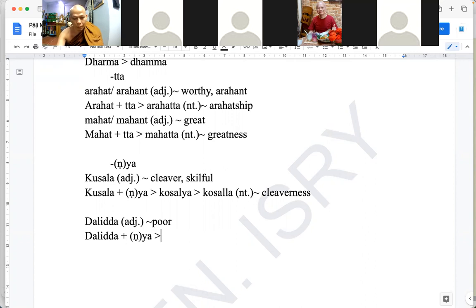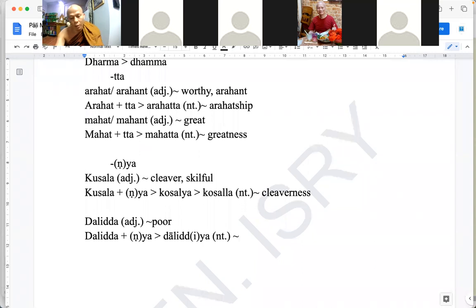By adding this suffix, we have daliddiya, poverty. Because of this indicatory letter we can see the vowel is changed: the final vowel is dropped, and a consonant is inserted in some way. So this is a noun now.